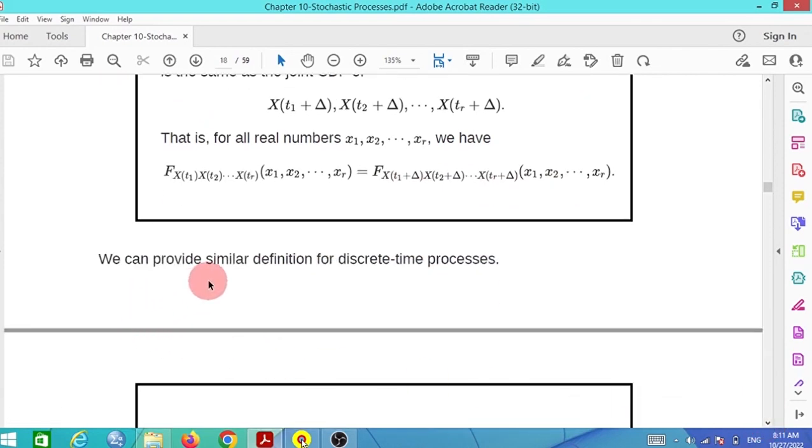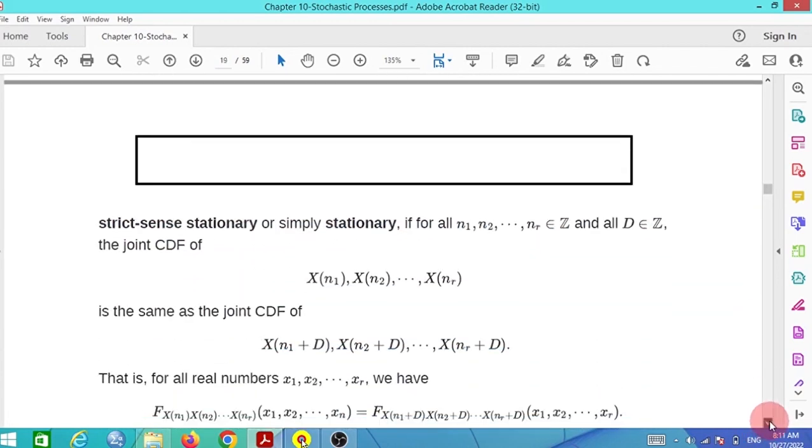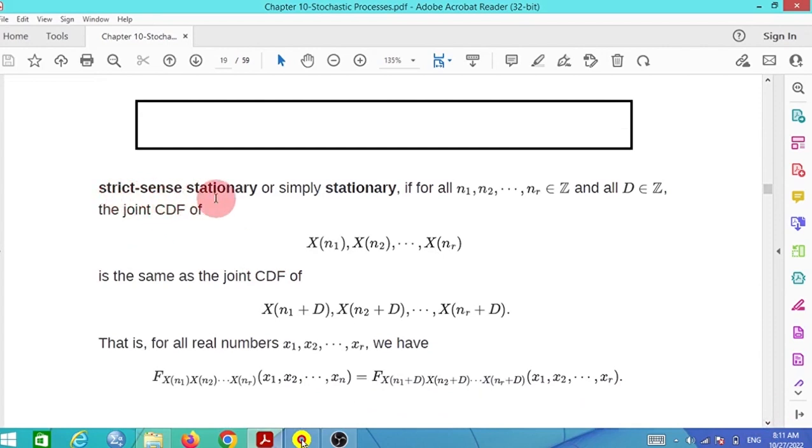We can provide a similar definition for a discrete random process. For strictly sense stationary, or simply stationary, for a discrete time random process, if for all n1, n2, ..., nr belonging to Z, where Z is the set of integer numbers, and D is a subset of integer numbers, the joint CDF of these random variables is equal to the CDF of this.